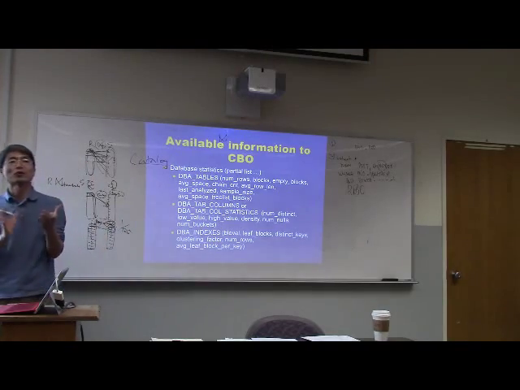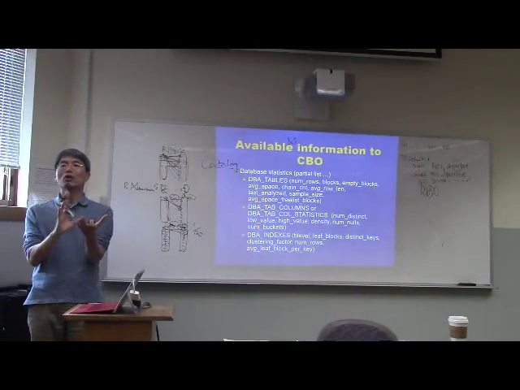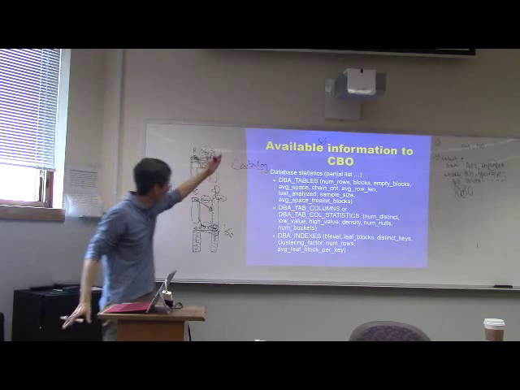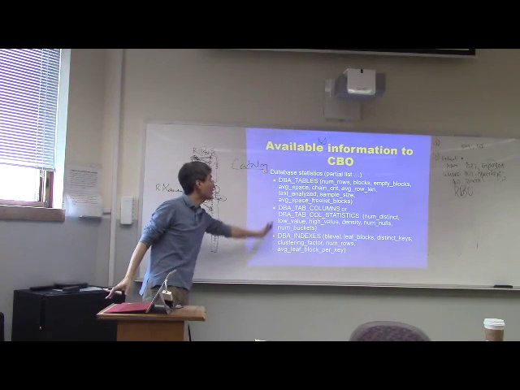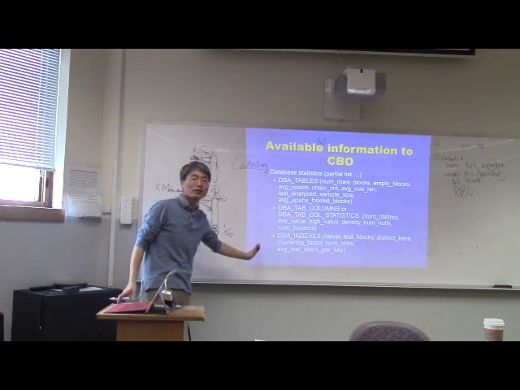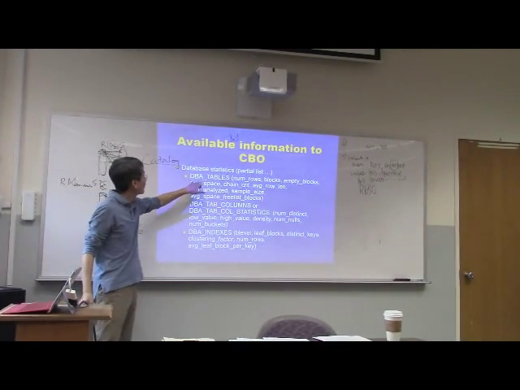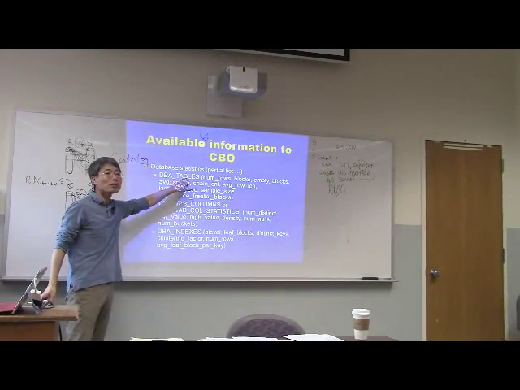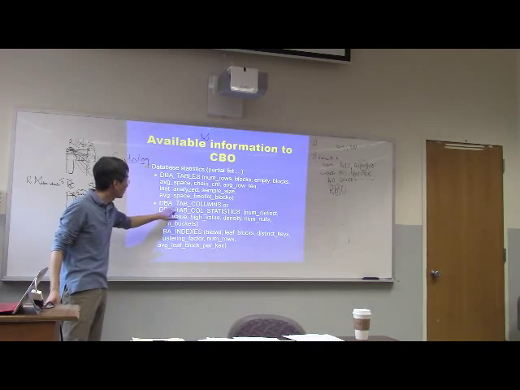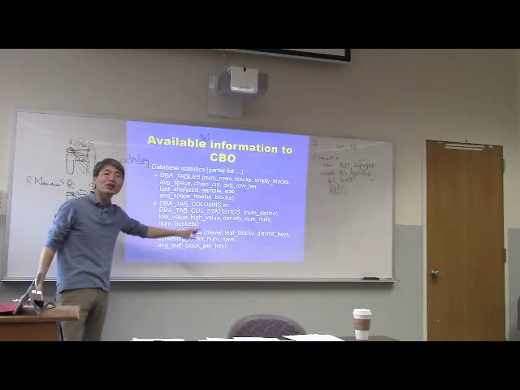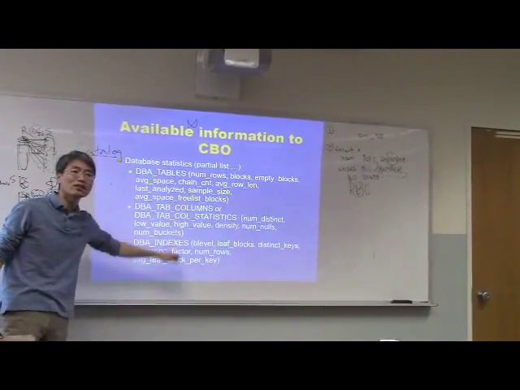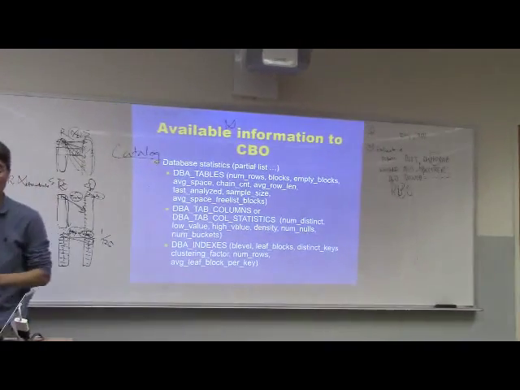Like the catalog of your shopping, you can look up some information. Similarly, all database information is in the catalog database. So very straightforward: DBA_TABLES means table information, DBA_TAB_COLUMNS is column information, DBA_INDEXES is index information, and so on.